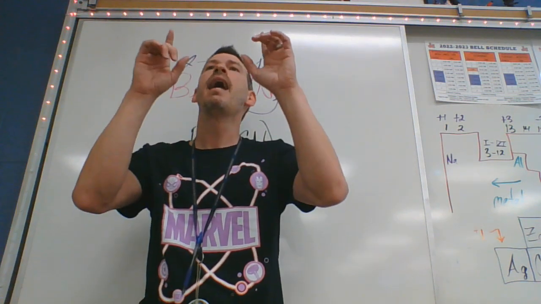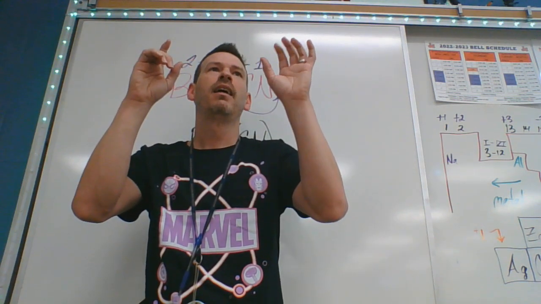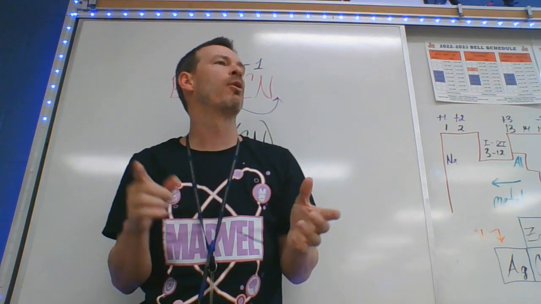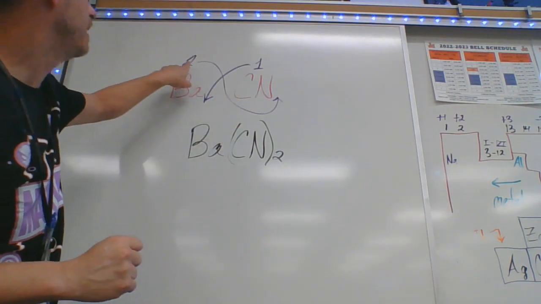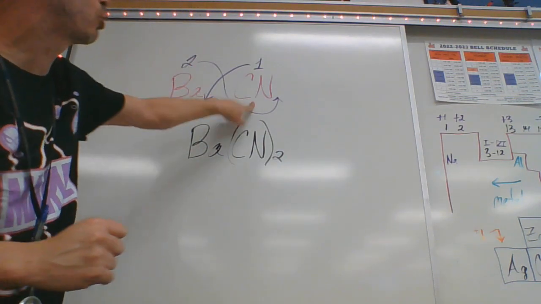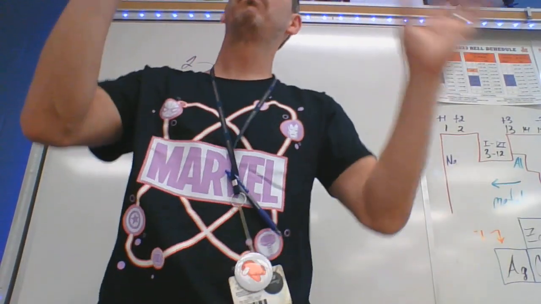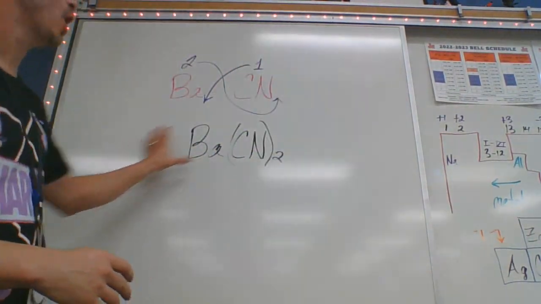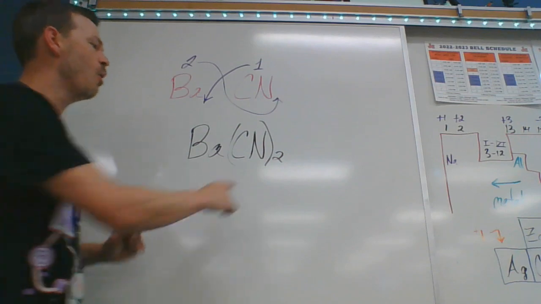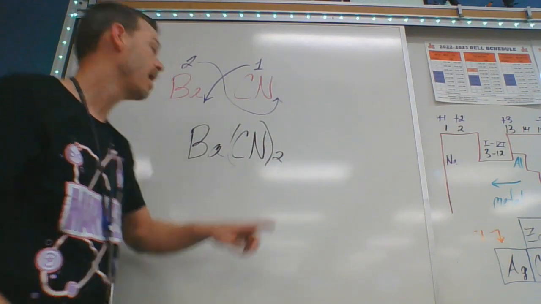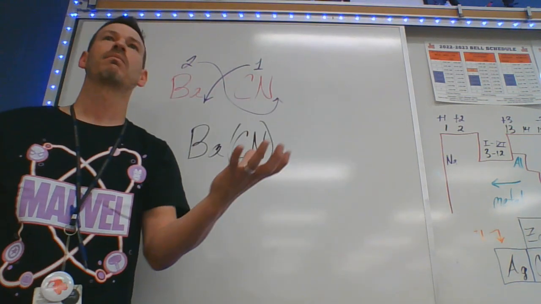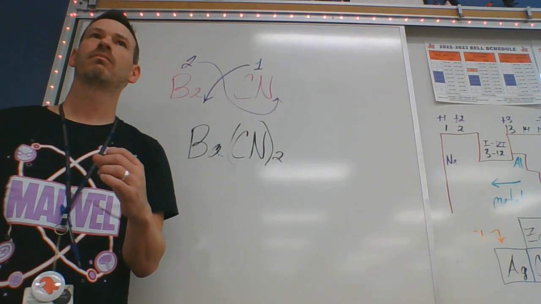The rule doesn't say add parentheses if there's already a number there. It says add parentheses if a number bigger than 1 is crossed to something on this sheet. So be clear on that. This is the only correct answer because I don't want just 2 nitrogens, which is what it would read if there were no parentheses. I need 2 cyanides to do the octet.